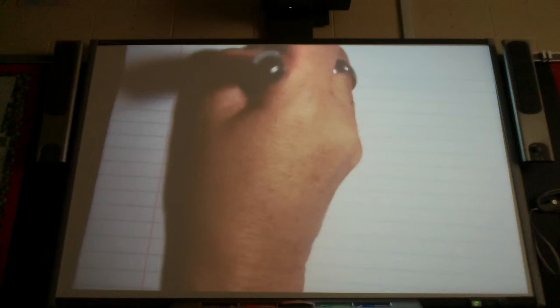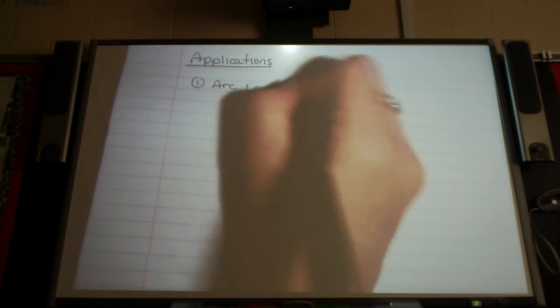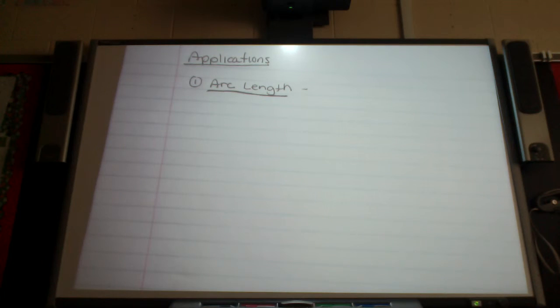Applications. First application we have is we can find arc length. What's the arc length in a circle?